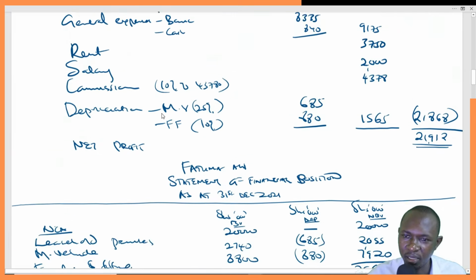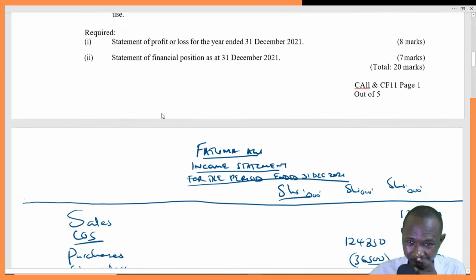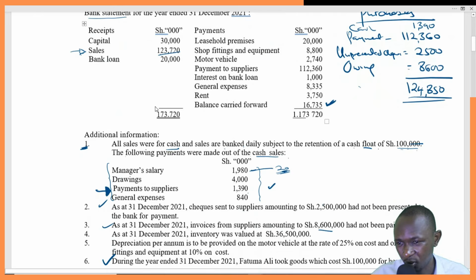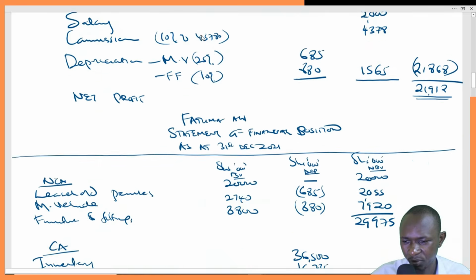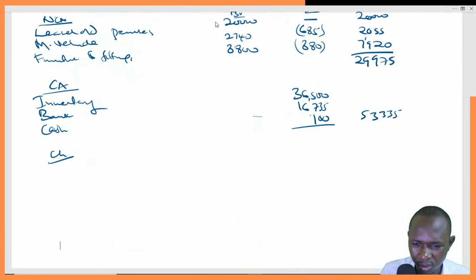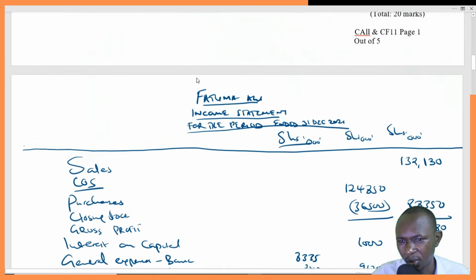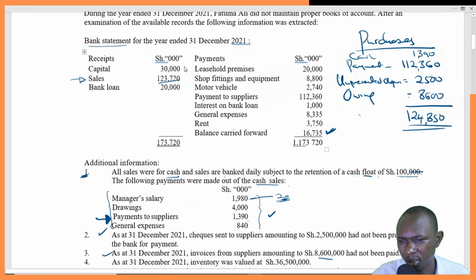For current liabilities, I think we start with the loan. Let's assume these are short-term loans. So bank loan 20,000. Then there was something else, capital, but that can come in later.